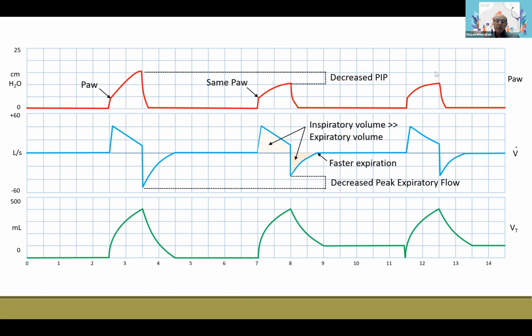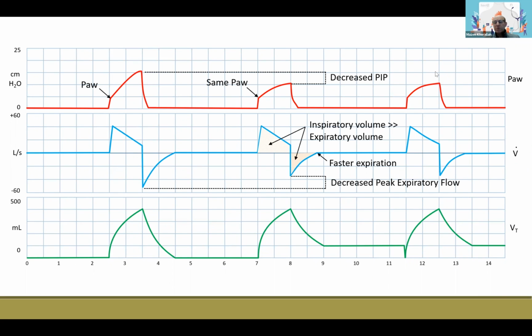It is really important for you to be able to detect air leak very quickly and know how to manage it. In most cases, you're going to have some loose connection in the circuit or the balloon is not inflated enough, and those are easily managed.